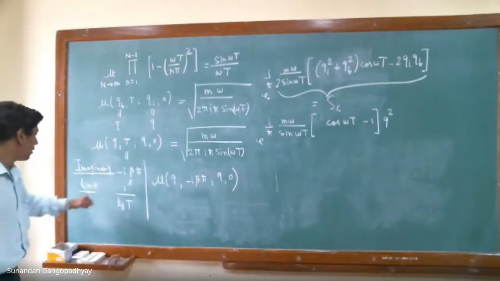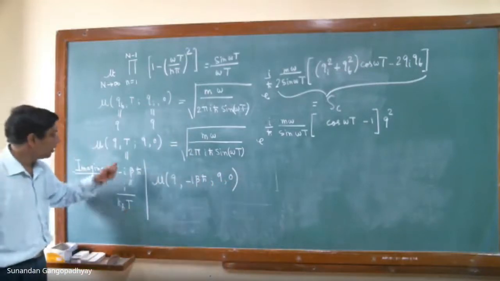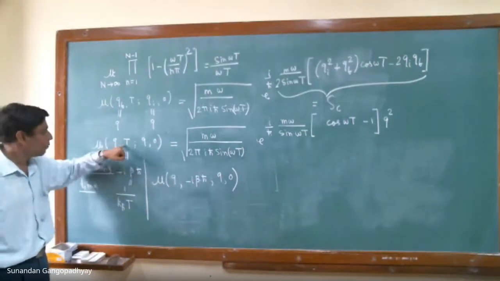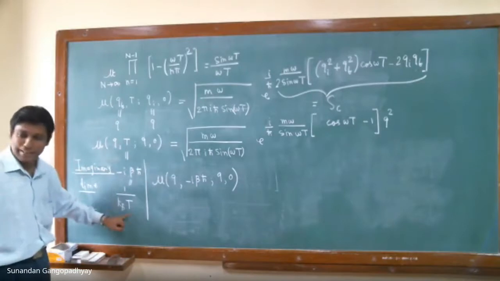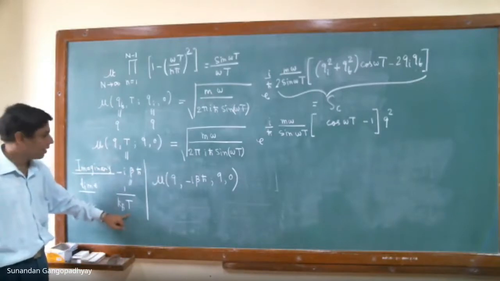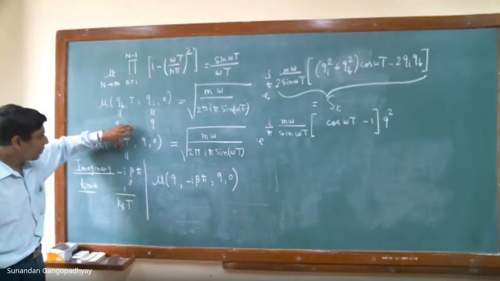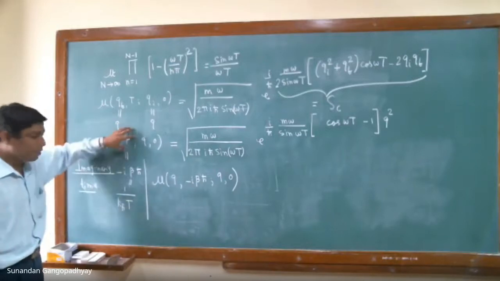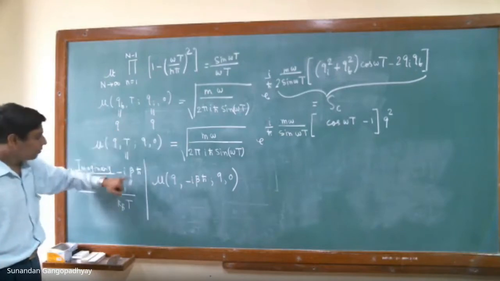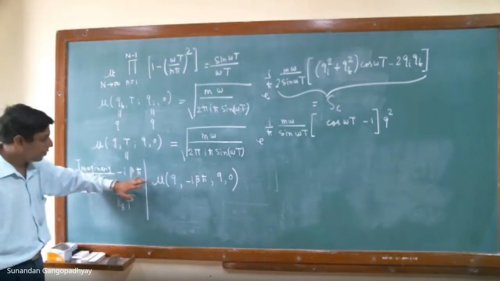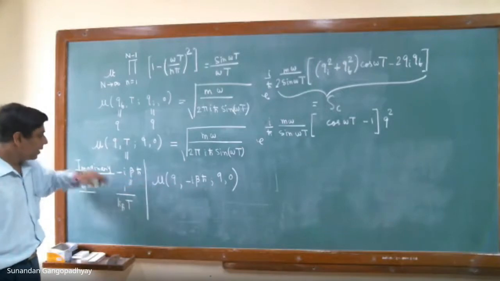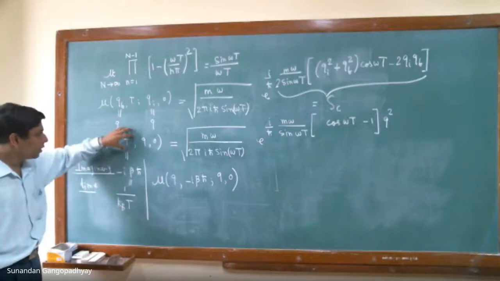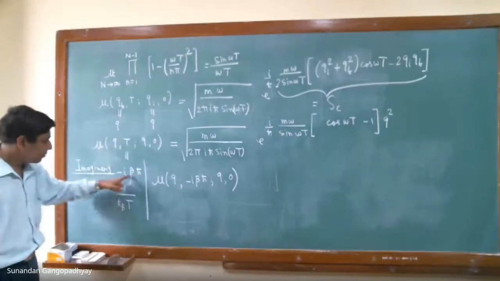Okay, this is a bad notation. This is capital T, this is not temperature, this is the time interval, the full time, and this T is temperature. So you should be a little bit careful. But in any case, we are setting capital T, this time interval, to be equal to minus I beta h bar. So now we are making this capital T complex. Beta is real, h bar is reduced Planck's constant, h by 2 pi. And so this full thing is a real number, and you have a complex number here. Therefore, now here this capital T is complex, and this beta is 1 by k_B T.